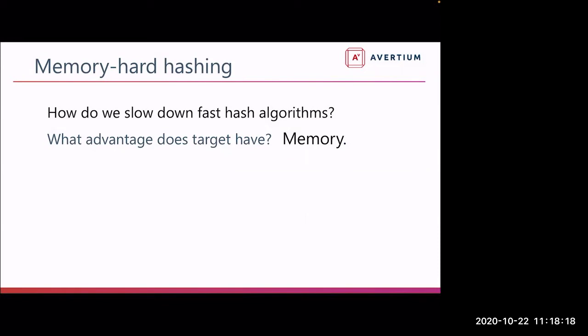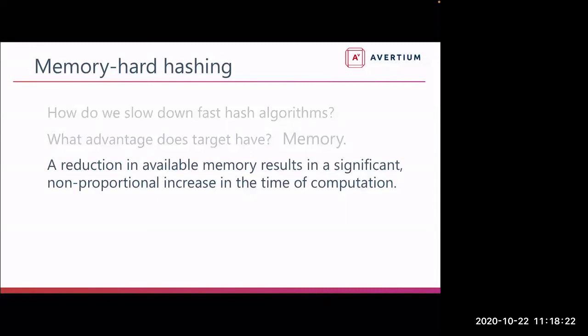So memory is the thing. And we come down to this concept called memory hard hashing. Memory hard hashing has been around for a bit, and the idea is that in order to compute a hash, you need a lot of memory. And if that amount of memory is reduced, then it's not a linear increase in compute time.